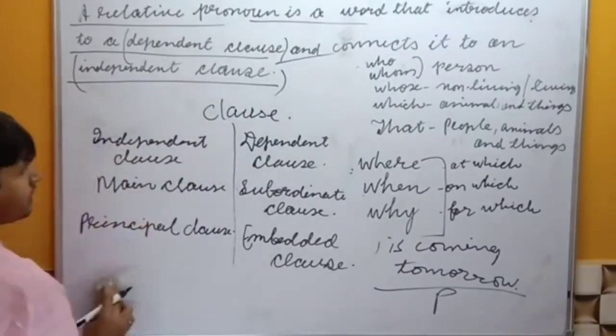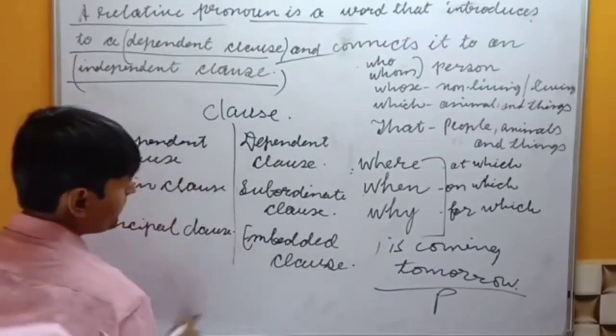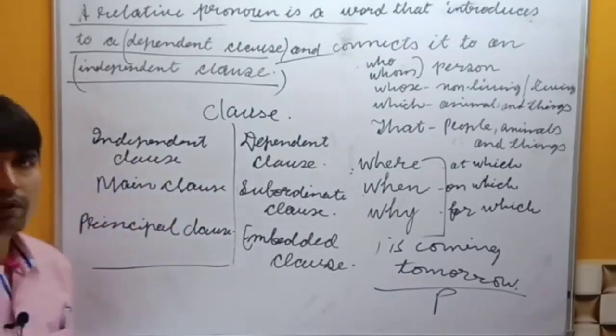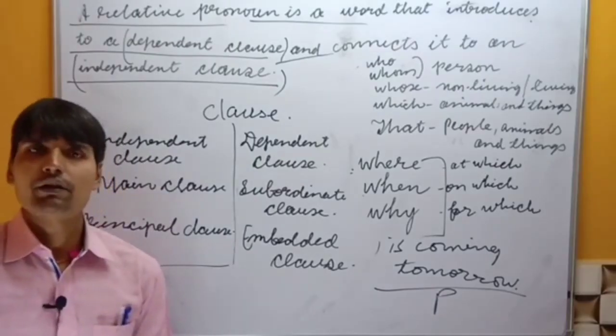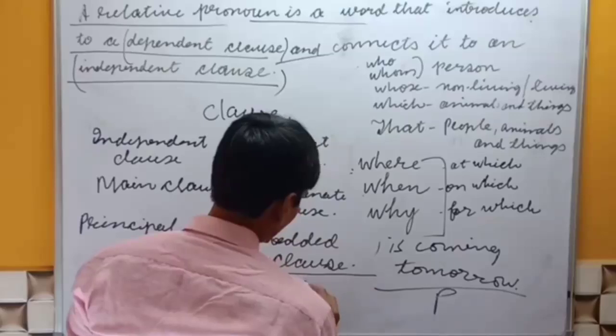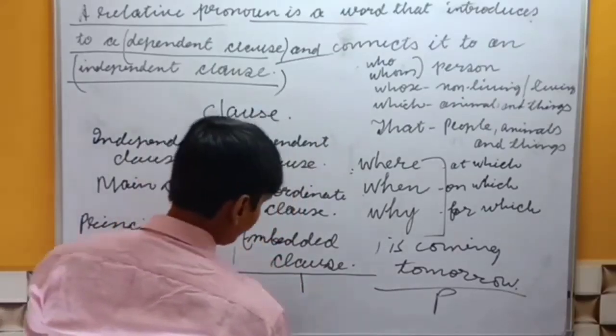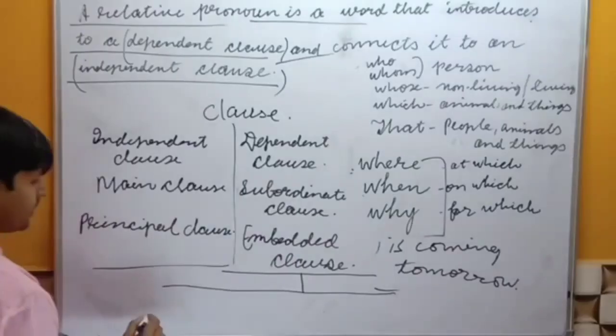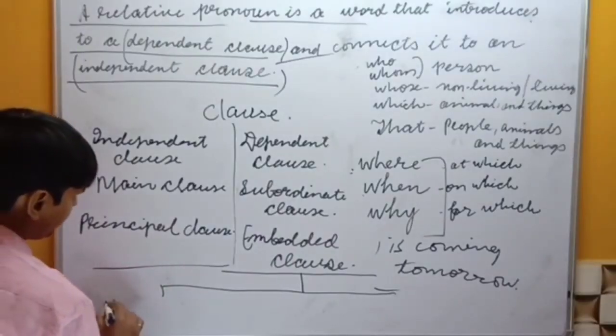Now, the independent clause doesn't have any parts, it is single, but the dependent clause again has three parts. What are the parts? First, it has noun clause.